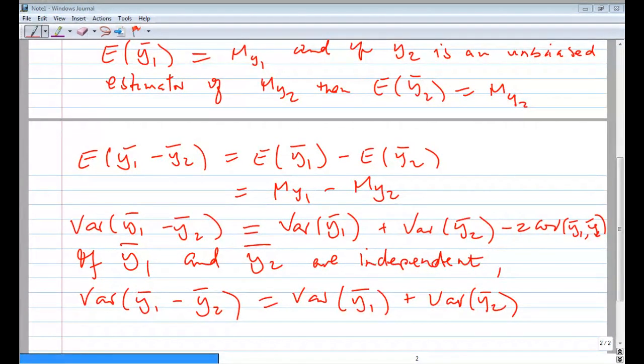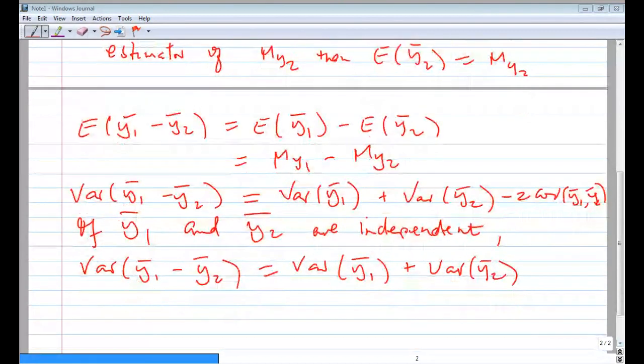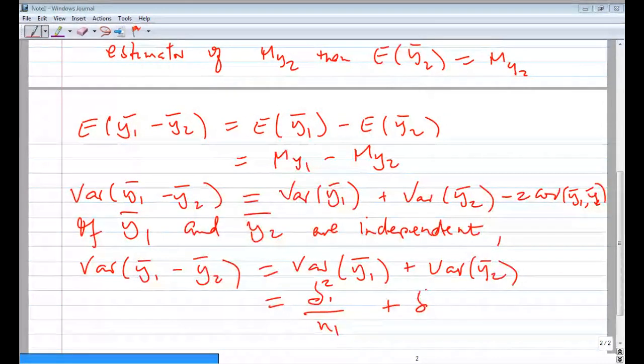Okay, if y bar 1 and y bar 2 are independent, so the cov of y bar 1, y bar 2 is equivalent to 0. Then at the end of the day, we are having var of y bar 1 minus y bar 2, which is equivalent to var of y bar 1 plus var of y bar 2. Okay. Now, this can also be equivalent to sigma squared 1 over n1 plus sigma squared 2 over n2. Okay.